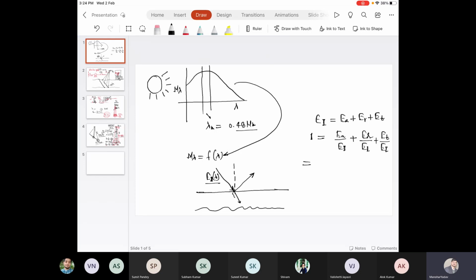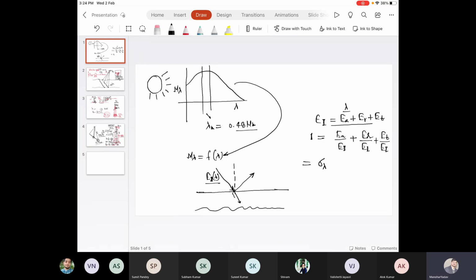You can use the symbol sigma for absorbance. It is a function of wavelength lambda, because all these parameters are functions of wavelength. So E_I is a function of wavelength, E_A is a function of wavelength.